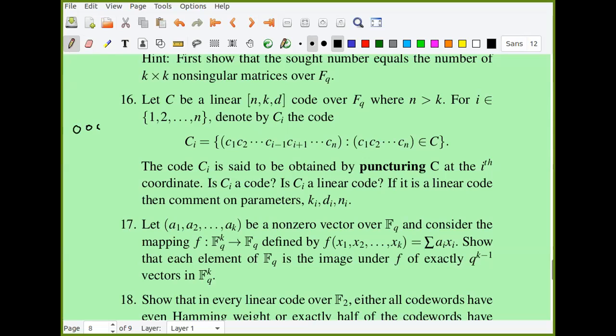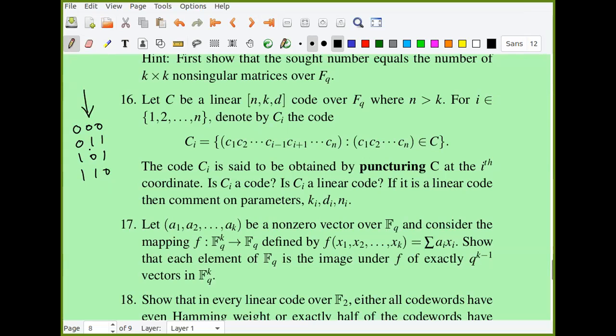So look again at this code. First, let me explain with one example. Can you choose one position, first or second or third? Suresh, can you give me one position? Second. Okay, so I took this position.